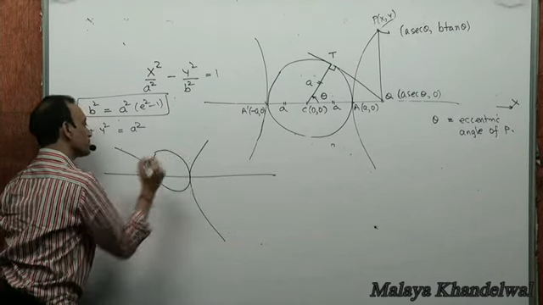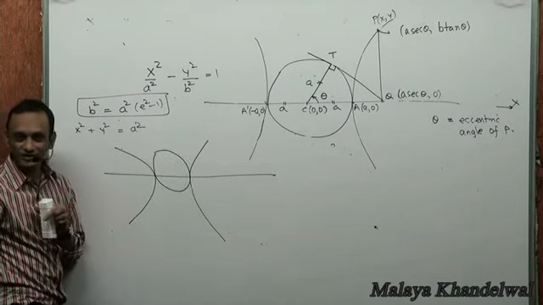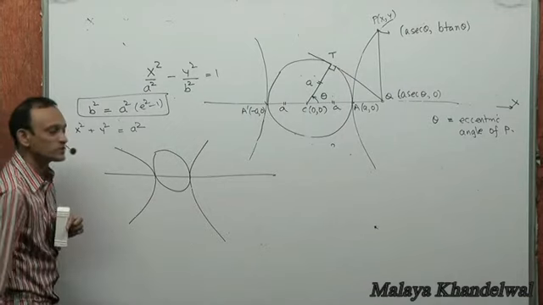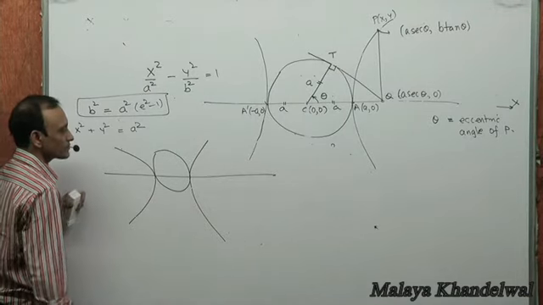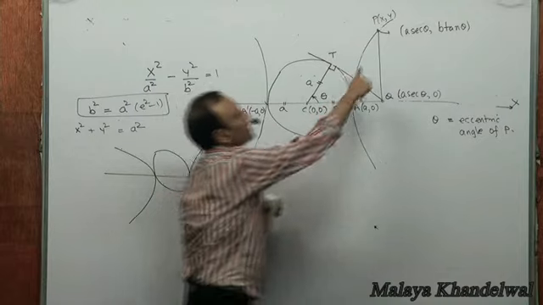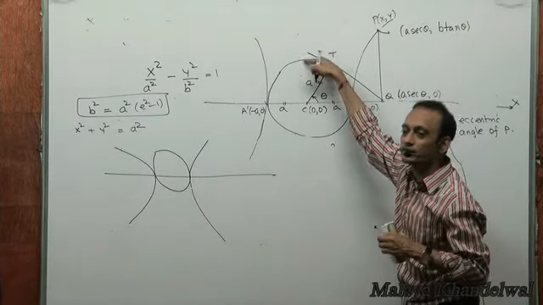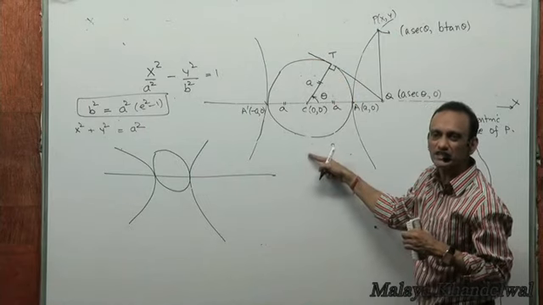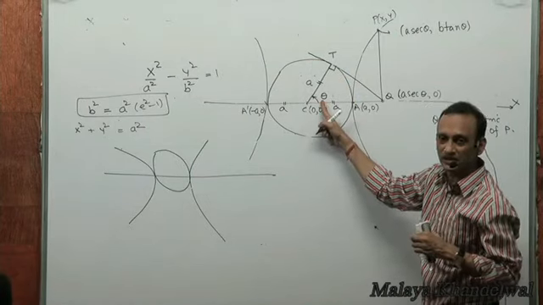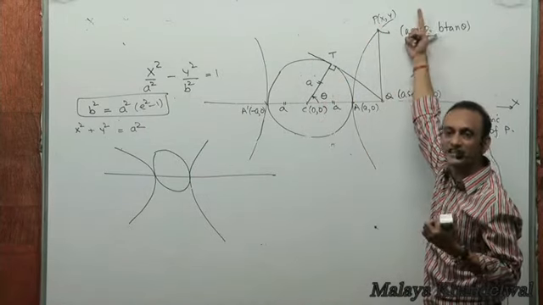It's also your hyperbola. This is the auxiliary circle, x square plus y square is a square. So I know if I had a point in this branch, I dropped a perpendicular, a tangent, and then the radius at the point of tangency, and then I obtained theta for this point. Then I call this point a sec theta, b tan theta.